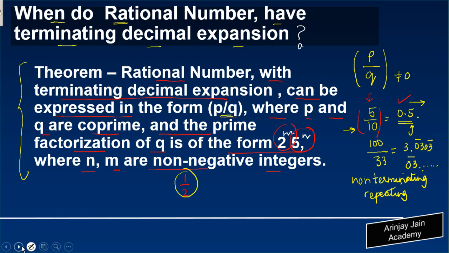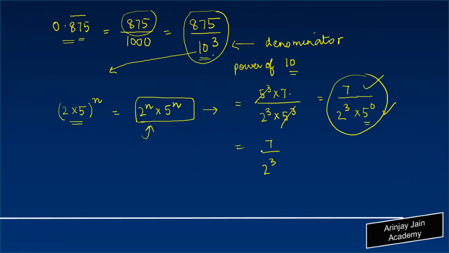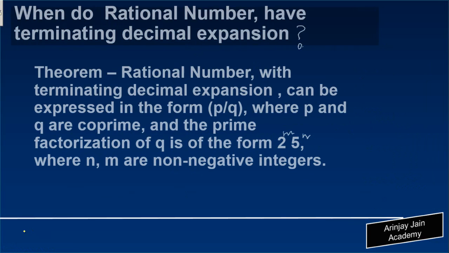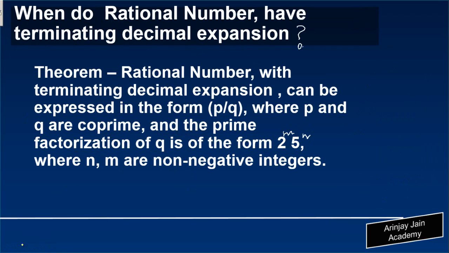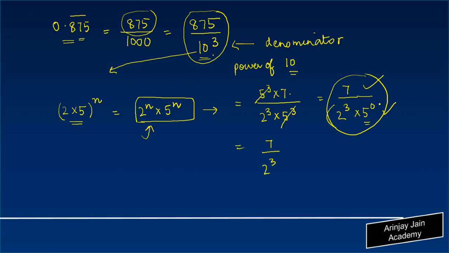If you notice, 7 and 2 to the power 3 are co-prime. And q is of the form 2 to the power m times 5 to the power n. Now q in this example is 2 to the power 3 into 5 to the power 0. So m over here is 3, and n in this case is 0.